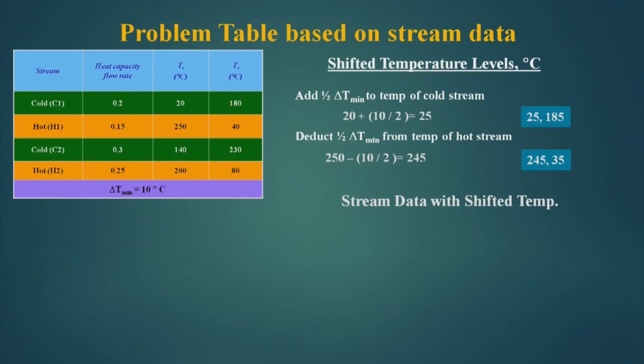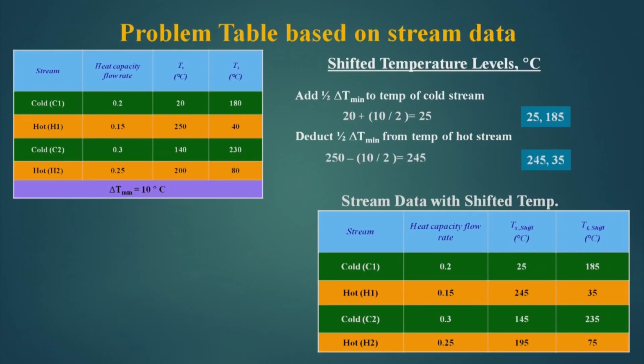In a similar manner, all the temperature levels were converted into shifted temperature levels and given in the table shown in the bottom. So, that is 25, 185, 245, 35, 145, 235, 195 and 75.